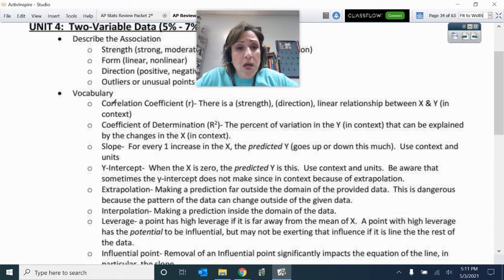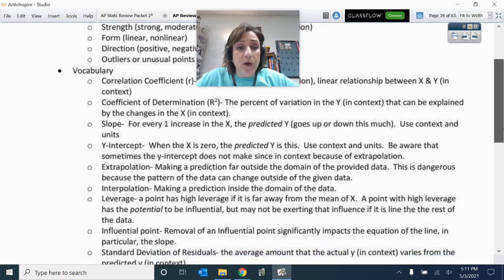We've gone through the correlation coefficient, strong, positive, negative, linear relationship, coefficient of determination, the percent of variation in y that can be explained by the changes in the x, or it can be explained by the linear relationship between them. You know your slope, y-intercept.